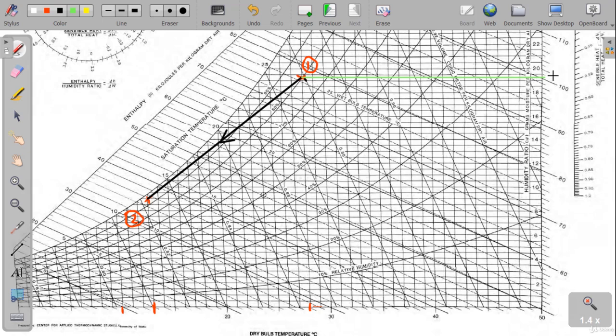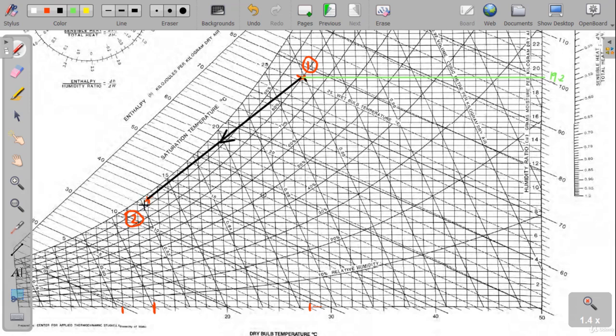And you read off the humidity ratio, it is 19.2. Because this is 18, the next division is 18.5 followed by 19. So every increment is 0.5 grams per kilogram. So this is 19.2 grams per kilogram.